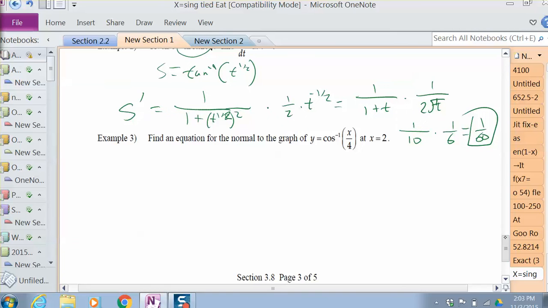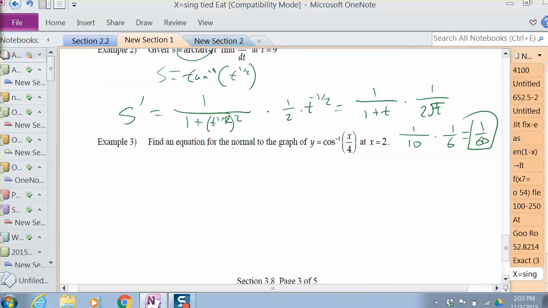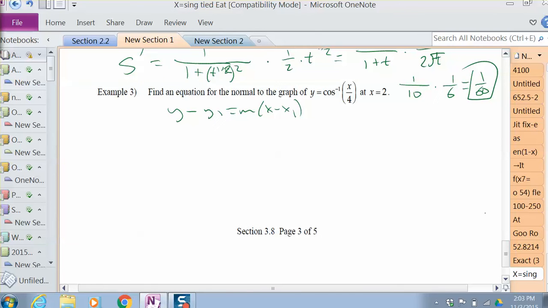Lastly, find the equation for the normal to the graph. Okay, so remember y minus y1 equals m times x minus x1, but we will need to do the negative reciprocal slope because the derivative is the slope of the tangent line, but we want the normal, so it's perpendicular. So how does that one work out? Y prime will be negative 1 over root 1 minus x over 4 squared times the derivative of x over 4, which is 1/4.